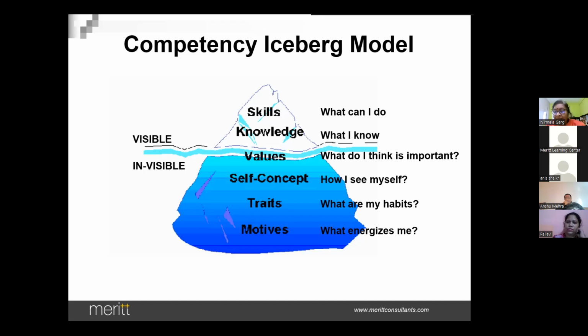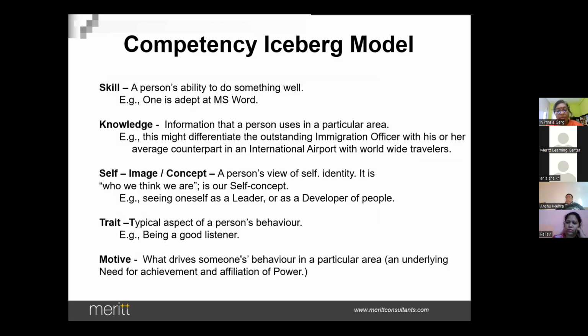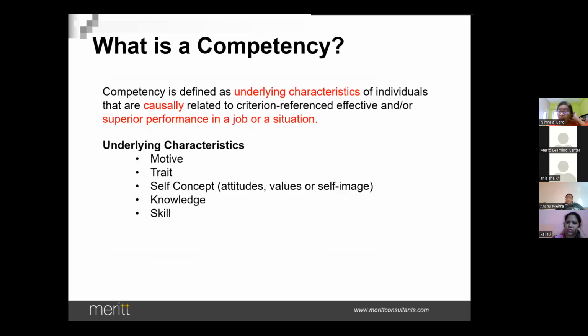But having said that, a certain competency may have more of skill. A certain competency may have just a combination of skill, knowledge. Okay. So it's a combination, but it may have certain proportions higher and certain proportions lower. Okay. So we will quickly run through because we have something very interesting to catch up on.